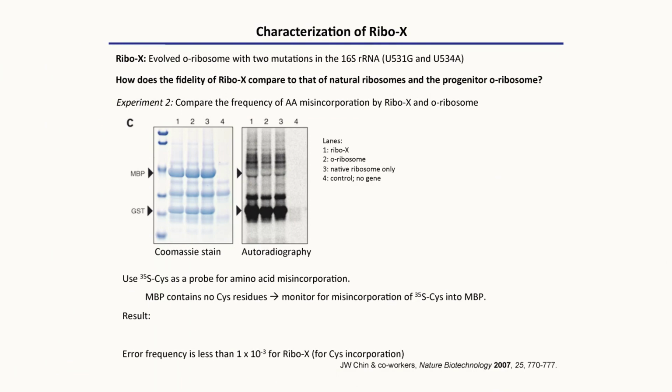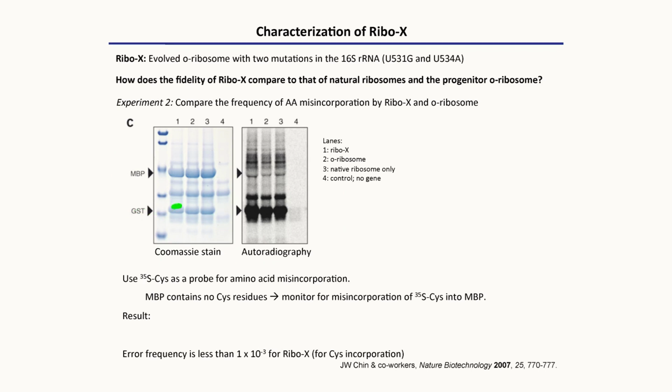So what are we looking at? We're looking at, on the left, the Coomassie stain for total protein. And then on the right, we're looking at radioactivity. So what do we have here in terms of the lanes? They've done some labeling to help us. So maltose binding protein is running up here.